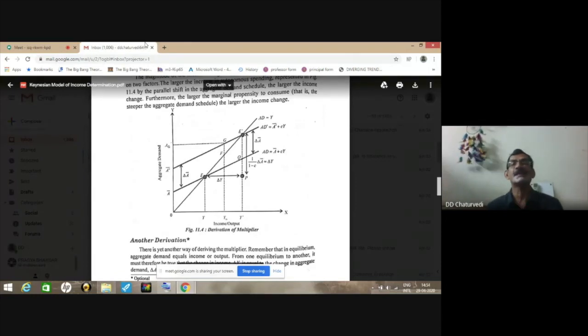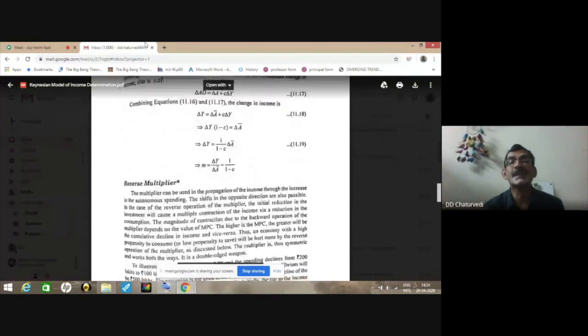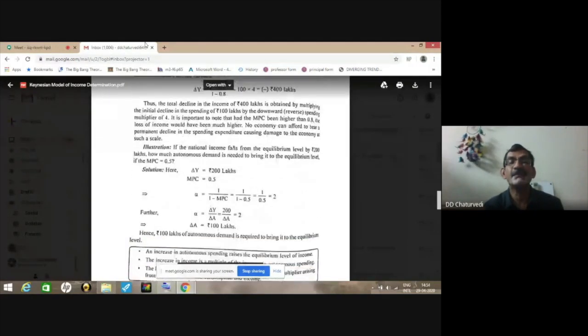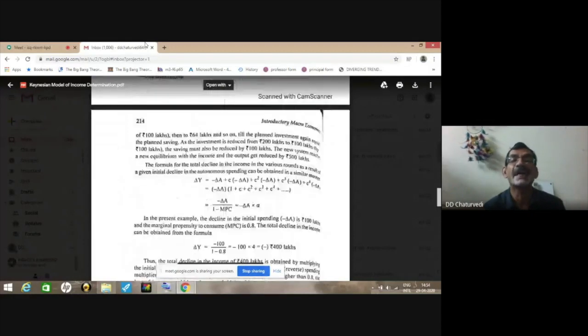That means in a single stage we are moving from one equilibrium point to another, but generally the process is not instant. This process takes place in numerous stages. How these stages take place, I have already explained when I explained the concept of dynamic multiplier.